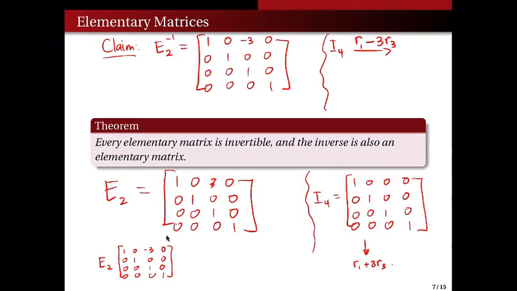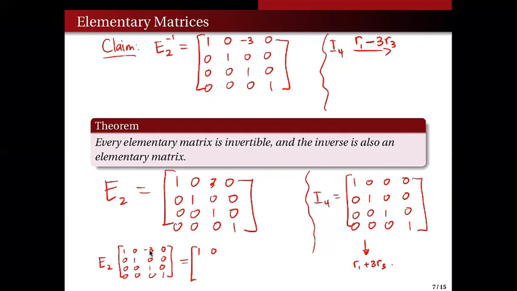So let's do that. If you tried to do this, you apply row 1 plus 3 times row 3 on this matrix. So 1 plus 0, that's 1. 0 plus 0, that's 0.